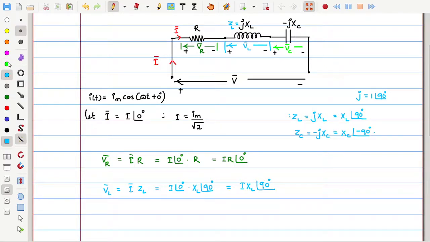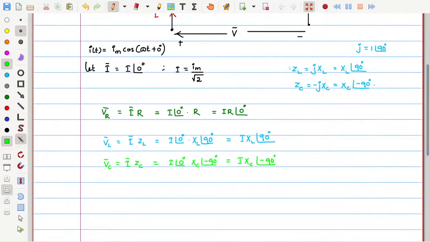Now similarly, let us find the voltage across the capacitor also. VC is equal to, the same current is passing through the capacitor also, I into ZC, which is equal to I at an angle of 0 times XC at an angle of minus 90, which is equal to IXC at an angle of minus 90.